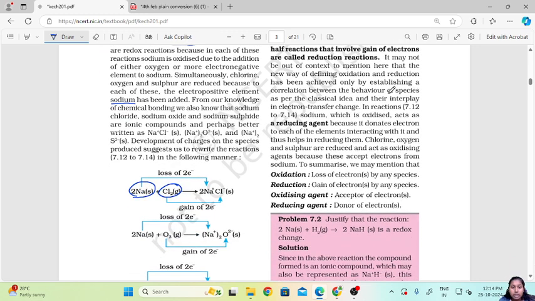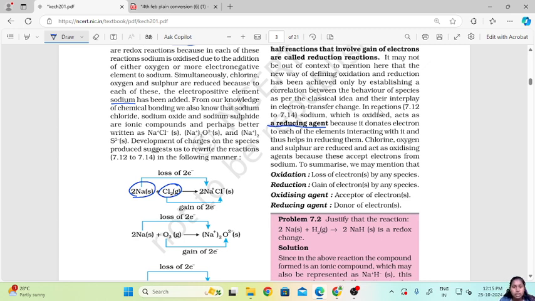Now, in the reaction, sodium which is oxidized acts as a reducing agent. Being oxidized, it acts as a reducing agent because it donates electrons to each of the elements interacting with it and thus helps reduce them.